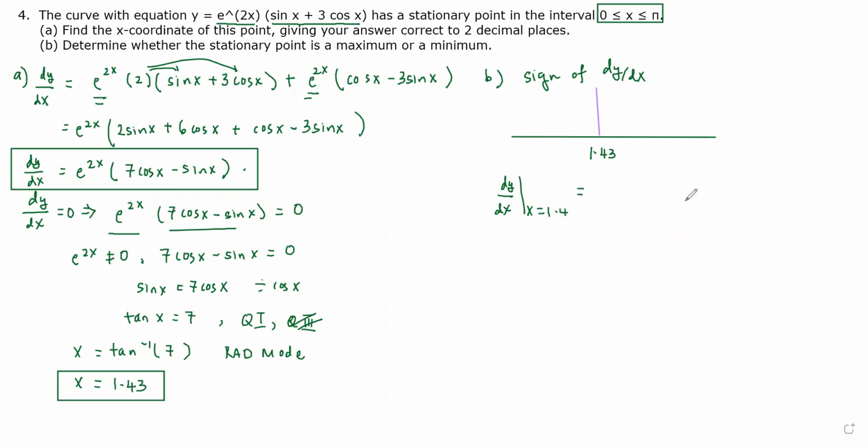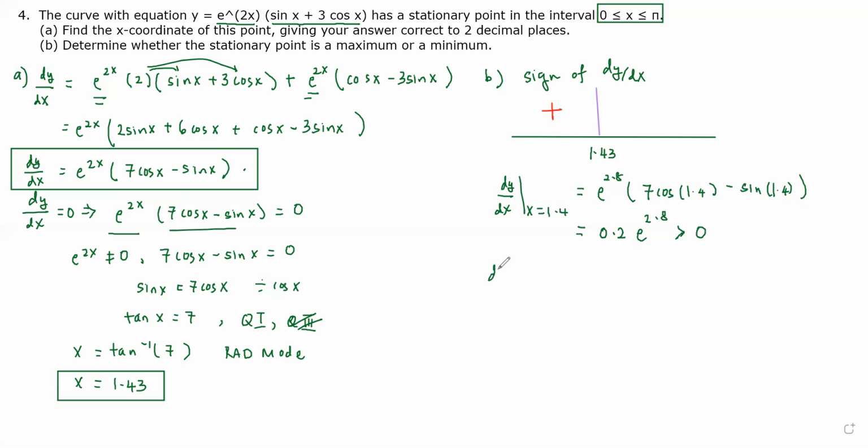That would give us e to the 2.8 times 7 cos 1.4 minus sine 1.4. Use the radian mode in your calculator to get a value of 0.2 e to the 2.8. But we do not have to care about e to the 2.8. It is always positive. A positive value multiplied by 0.2 is always positive. So to the left of 1.43, we have a positive sign.